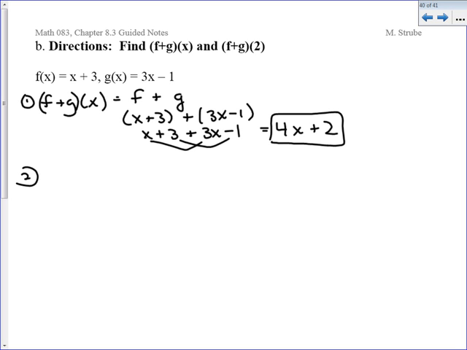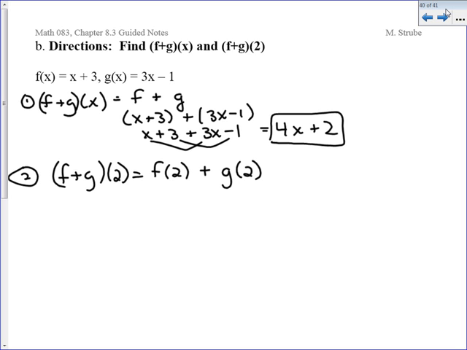Now, it doesn't necessarily have to be unrelated, but the way I would go about these problems where you're given a value is evaluate your functions separately. So I want to find that f function when x is 2, and then I'm going to find my g function when x is 2, and just add the two answers together.